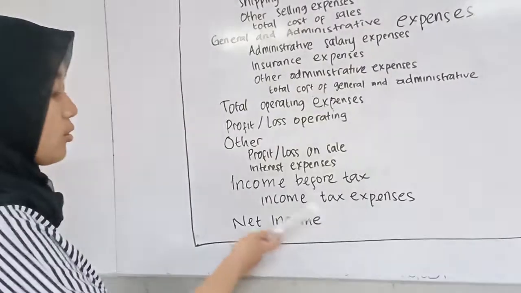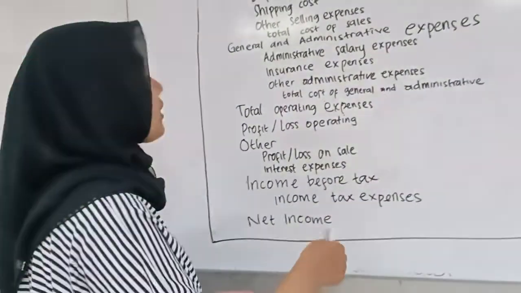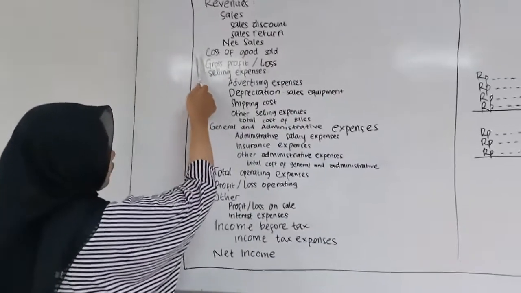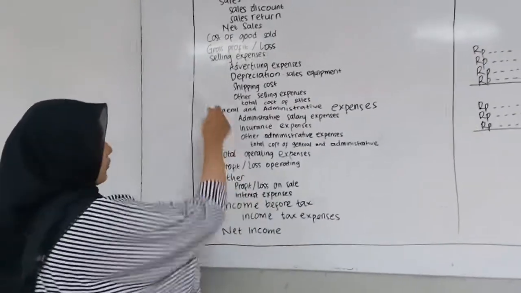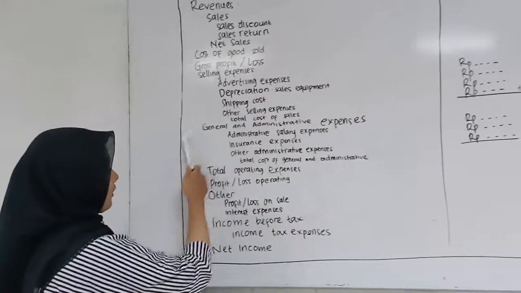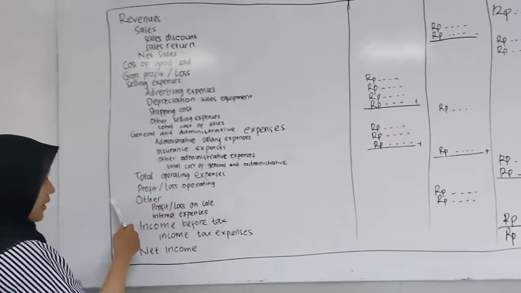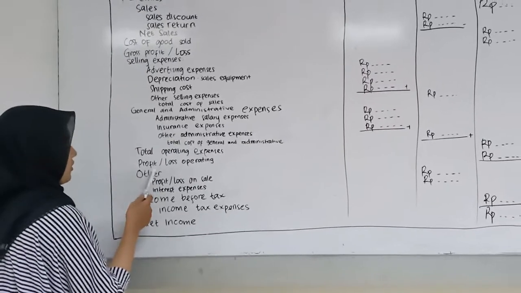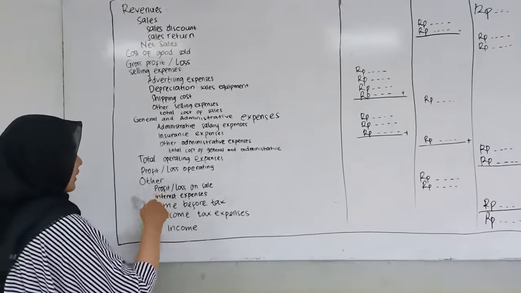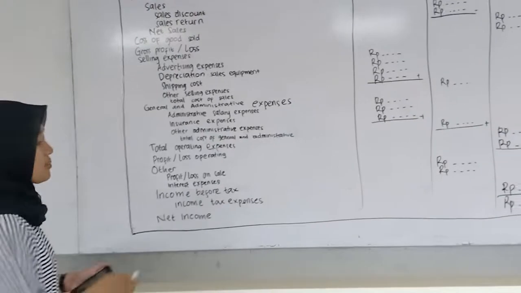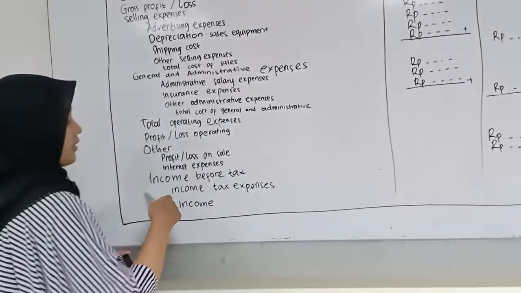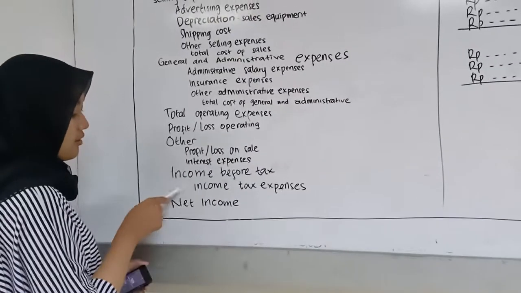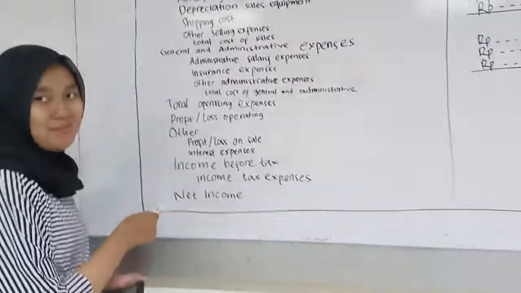And the result of net income are revenues from sales less cost of goods sold and gross profit or loss, less total operations expense and profit or loss operation add with other expense, and income before tax less its income tax expenses, and the result is net income.